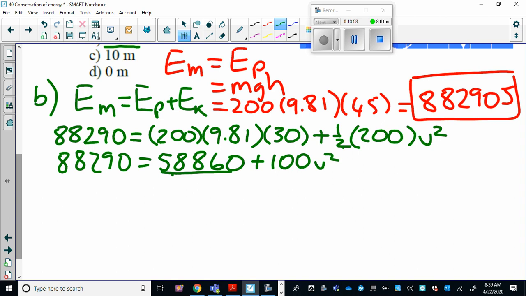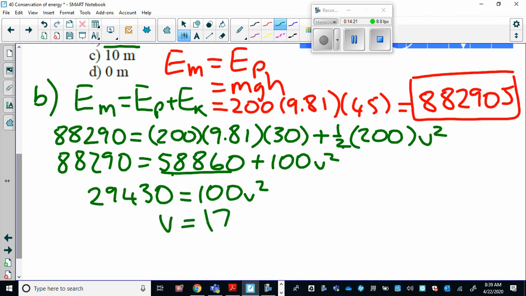Subtract this number from both sides, or move it over to this side. So 88,290 minus 58,860 equals 2,943 equals 100 v squared. Divide by 100 and take the square root. And you get the velocity is 17.2 meters per second. Sounds pretty reasonable.